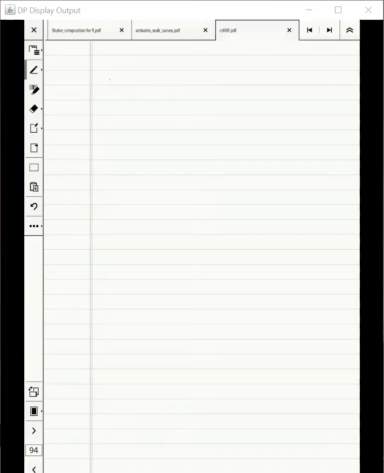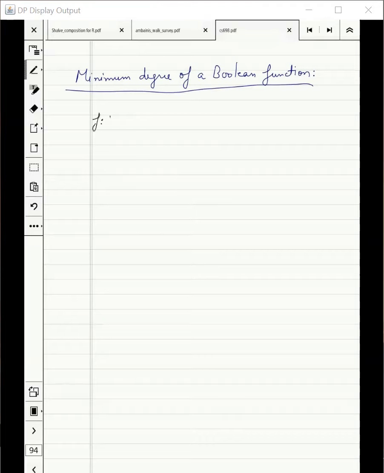The topic for today is going to be minimum degree of a Boolean function. When I introduced this course, I told you that we are going to study functions like this, which are subsets of functions like this.